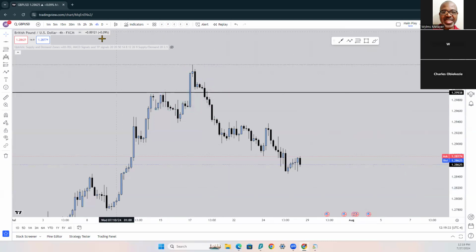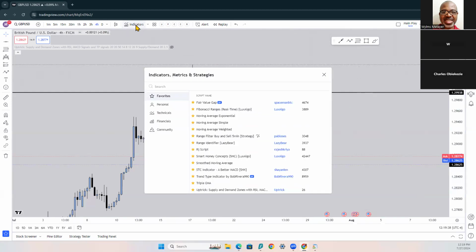Take that off. There's an indicator that I want you guys to put on your charts, which is this indicator right here called Uptick Supply and Demand Zone with RSI and MACD by Uptick. This is a really good indicator.